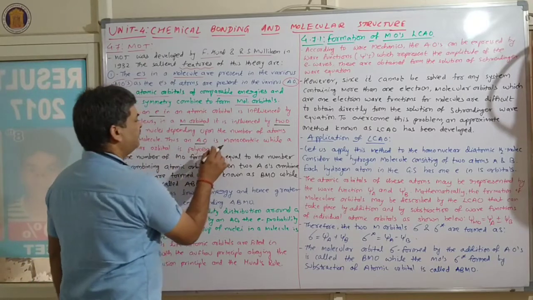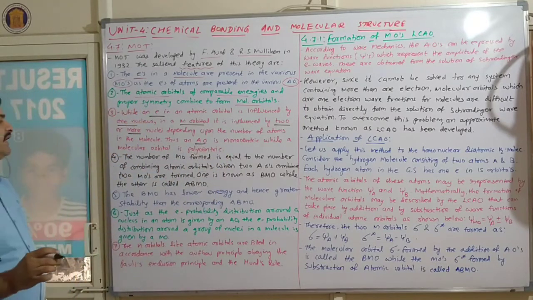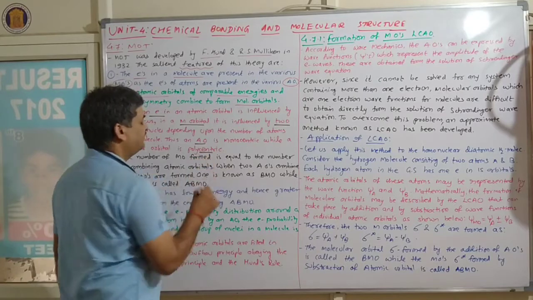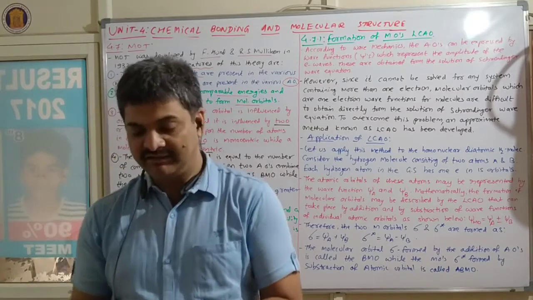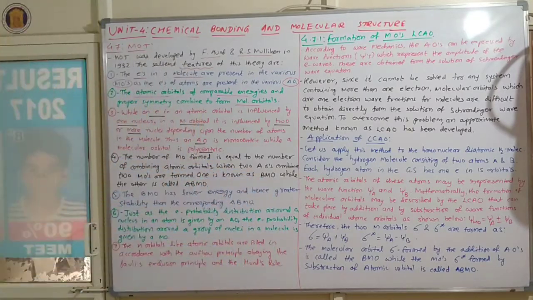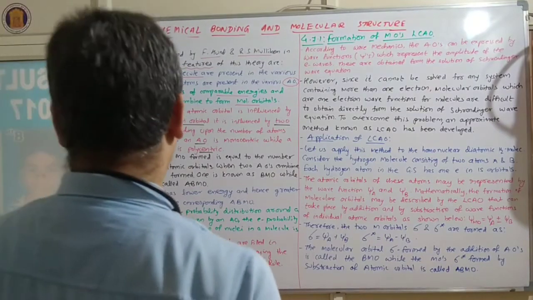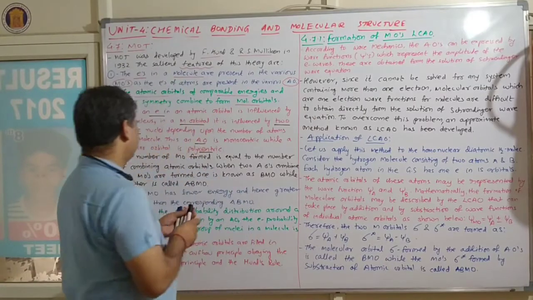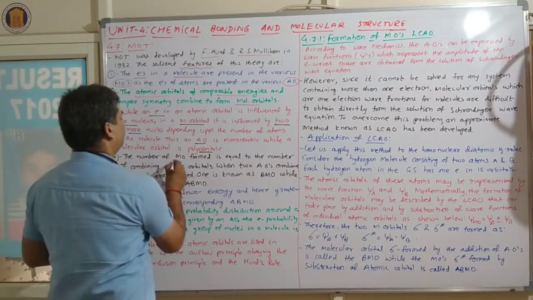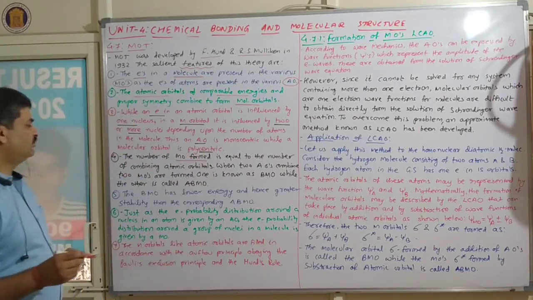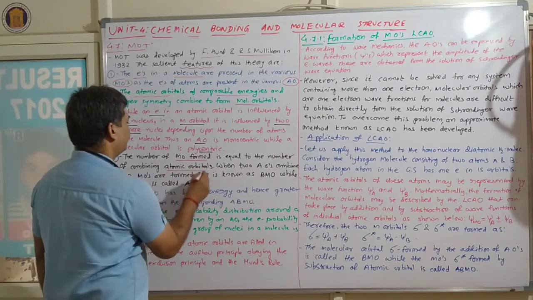Thus an atomic orbital is monocentric, while molecular orbitals are polycentric.